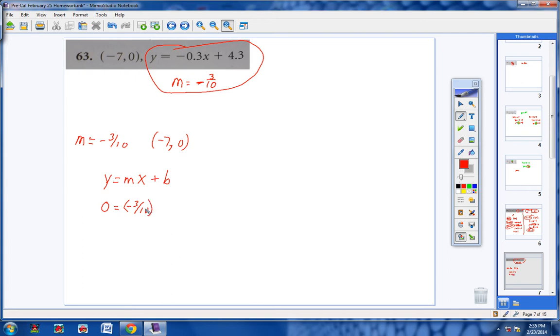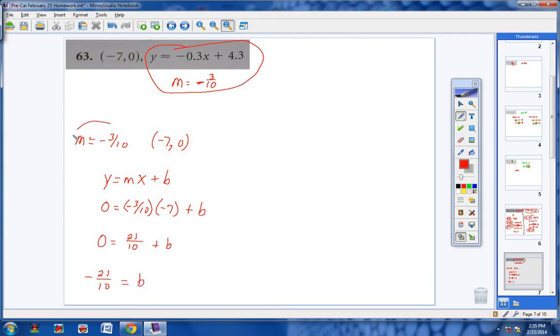Where the x is, I will substitute negative 7. And now let's continue on. 0 equals, well, negative 3/10 times negative 7 would be positive 21/10. And then bring that over and make it negative, and you would get negative 21/10 equals b.